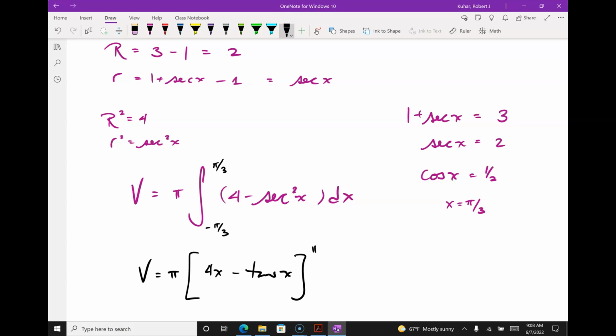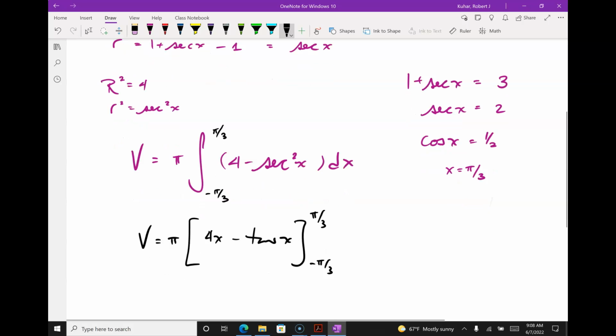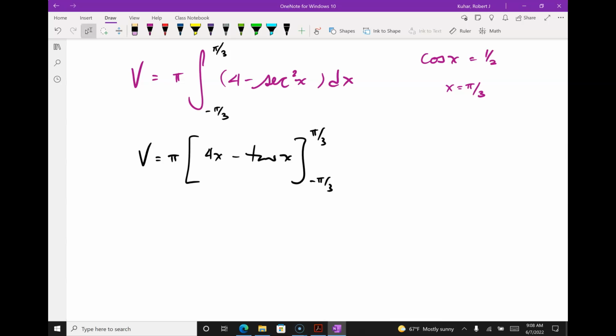See, too easy. Right, derivative tangent of secant squared. I know I could just double my volume, so that's what I'll do. I'm going to double the volume and go from 0 to pi over 3, just so I don't have to.